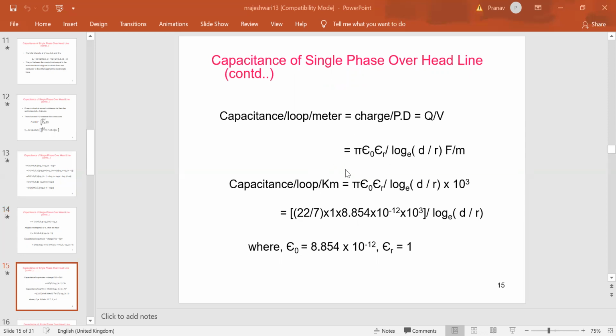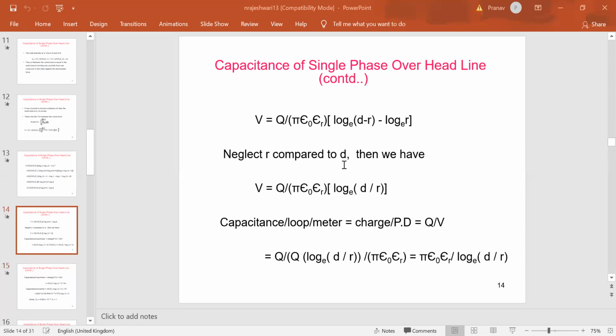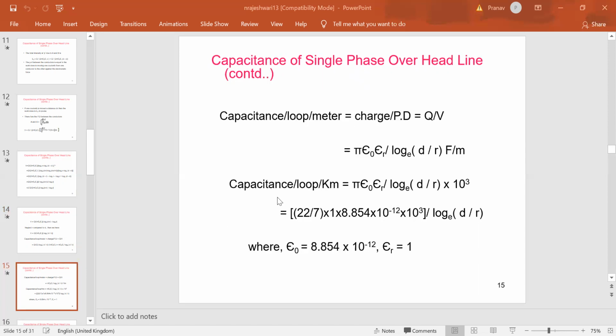So this is per meter, and this is per kilometer. Capacitance per loop per kilometer will be pi epsilon naught epsilon R by log of D by R into 10 to the power of 3.